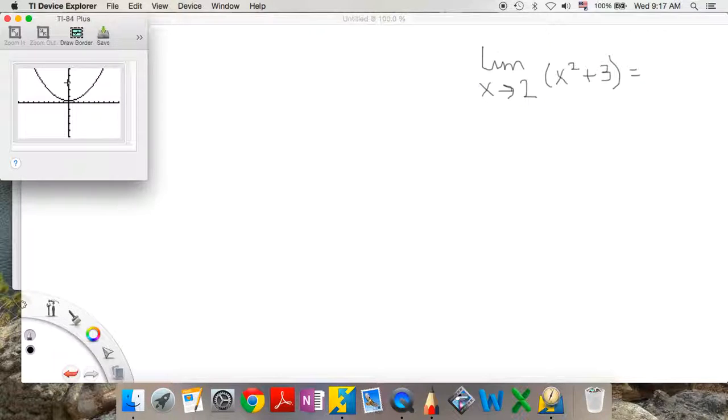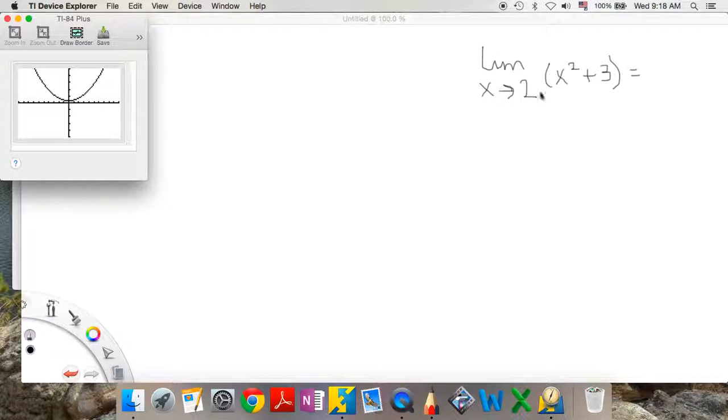Because if this is x equals 2, we want to know what the function is doing as we get closer and closer to 2 from both sides. Well, this function is smooth and continuous all through here, and defined there, so all we have to do is plug in 2 to get the value.